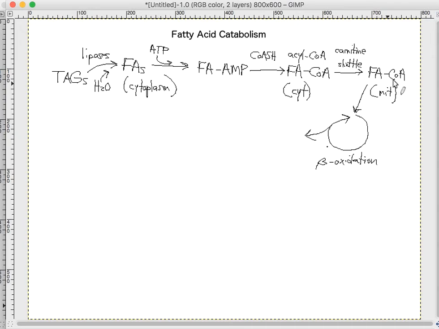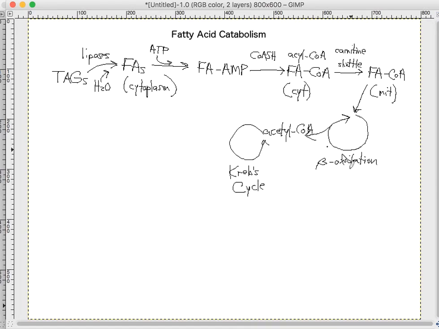We're really going to chop this acyl group, this carbon chain, into two carbon pieces. And so one of the products of beta oxidation is acetyl-CoA. We know what to do with that, right? That can go right into the Krebs cycle to generate energy.